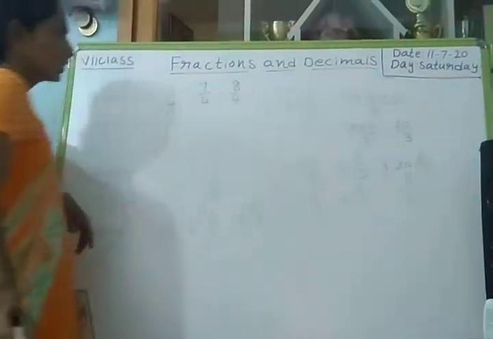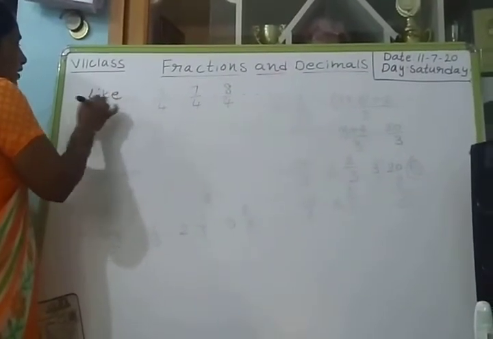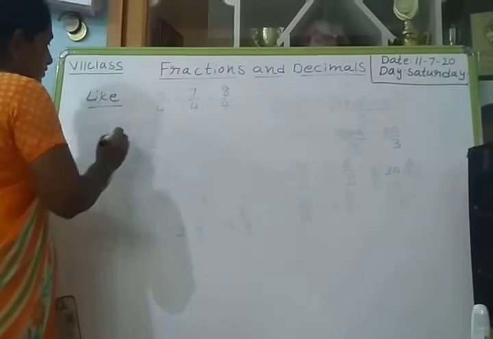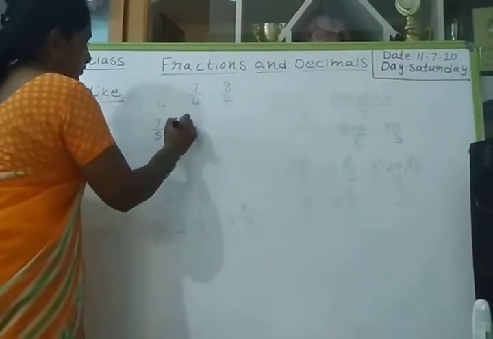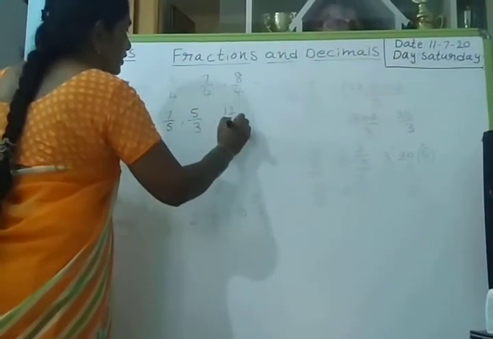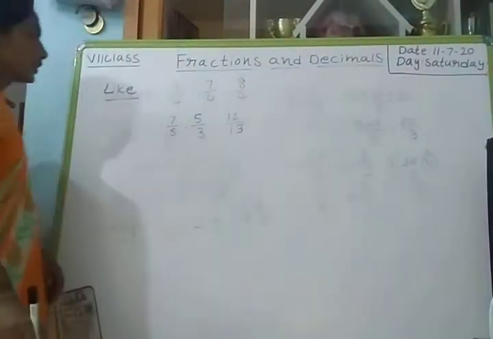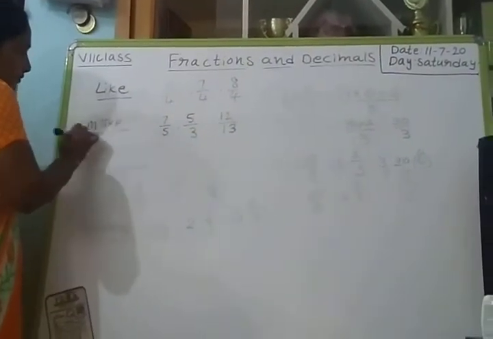These are like fractions. Then unlike fractions. Which are called unlike fractions? Fractions whose denominators are different are called unlike fractions.